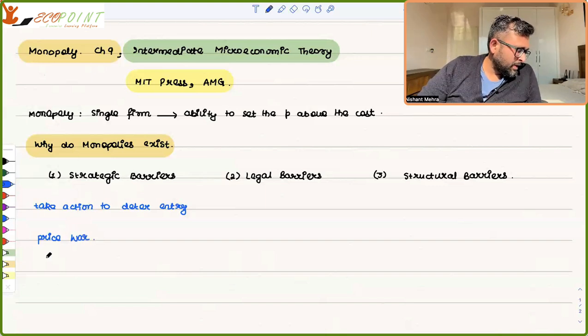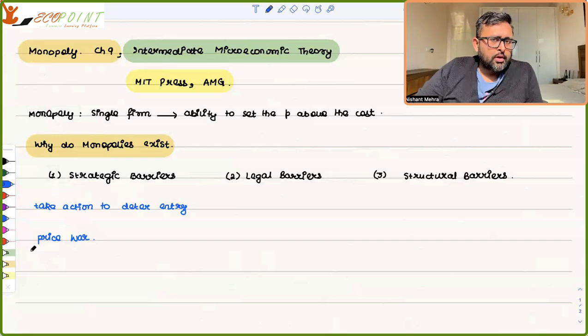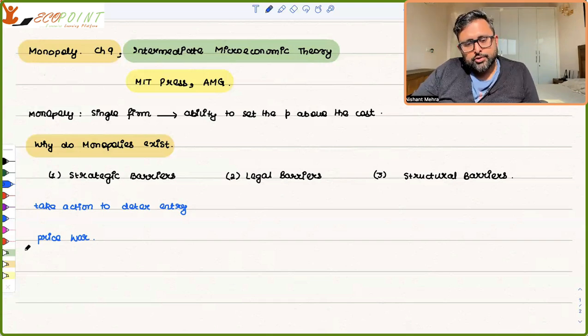Price wars, right? So the incumbent builds up a reputation of being a very, very tough competitor, deterring the potential entrant from joining the industry. Suppose the book has given one example in which there was an airline already operating on one route, and there's another airline trying to enter.